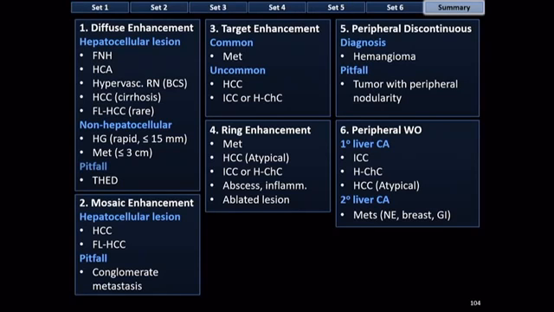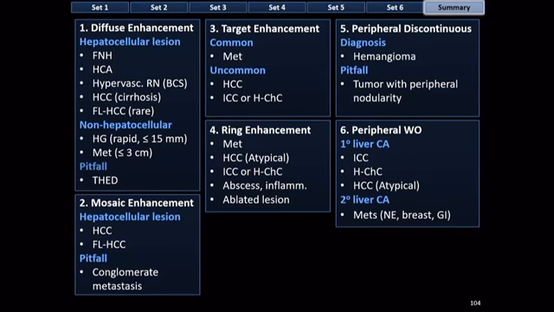Peripheral discontinuous enhancement is a hemangioma if the peripheral discontinuous puddles expand, grow, gradually fill in following the blood pool. If those puddles wash out and do not expand, it is not a hemangioma, it is a tumor that's mimicking a hemangioma and potentially fooling you. Peripheral washout, terrible, terrible differential diagnosis.